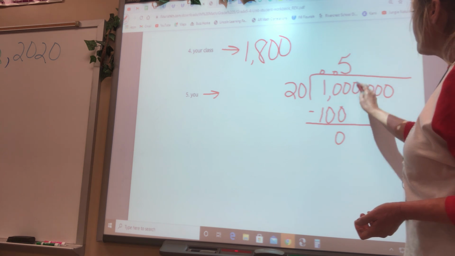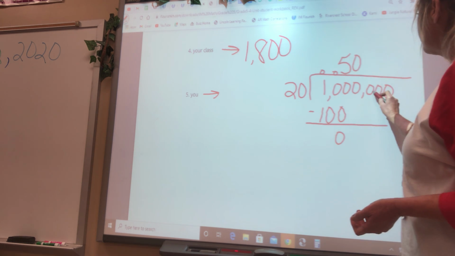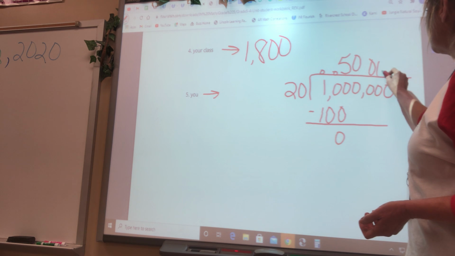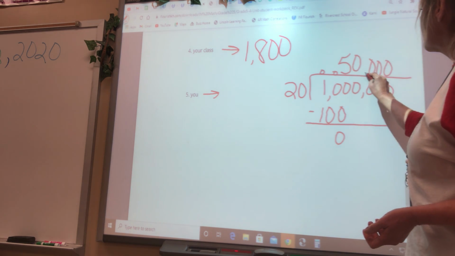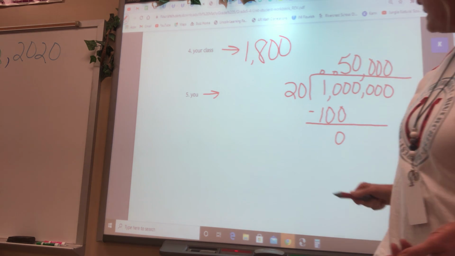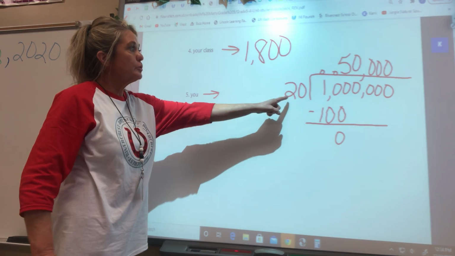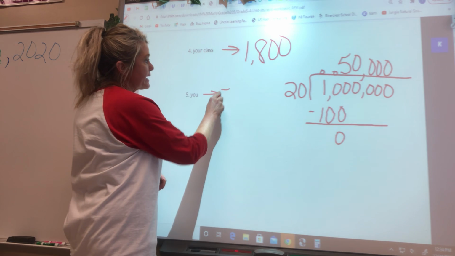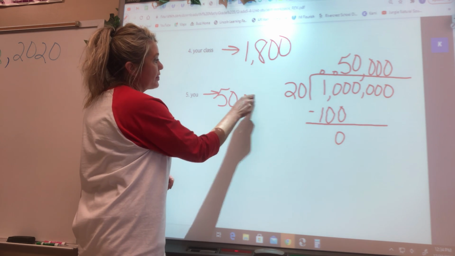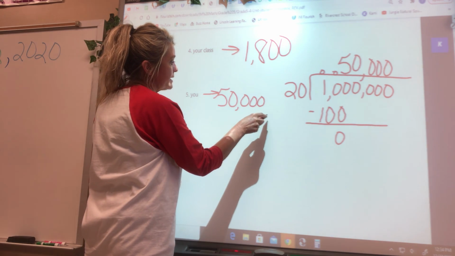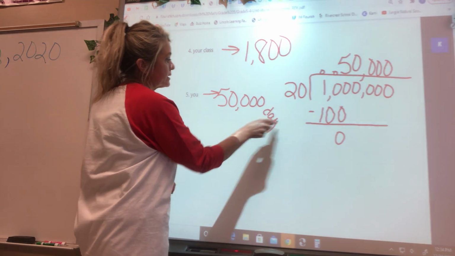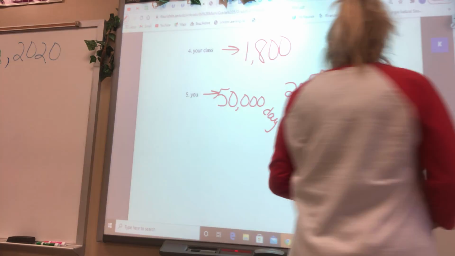And for every remaining number that I have left, I would put a 0. So if it's 1 million altogether and I can only do 20, it would take me 50,000 days to be able to drink 1 million ounces.